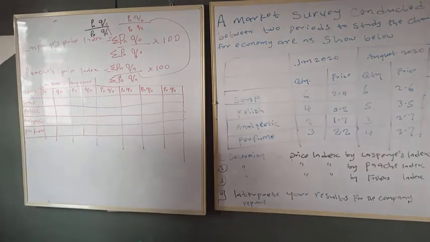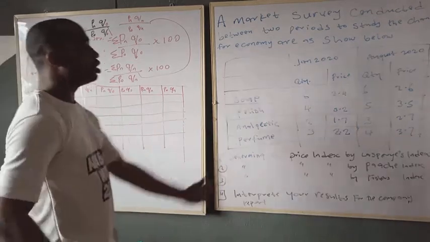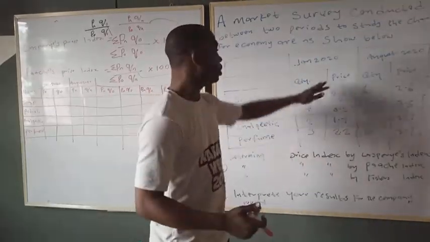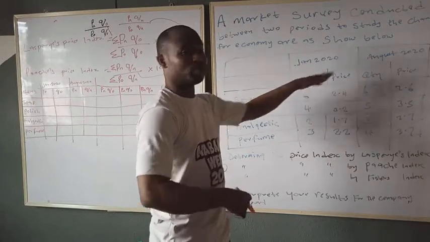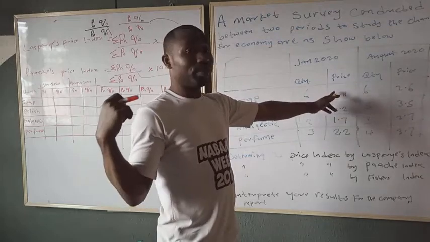So now PO, like I've explained what that PO means, the price of the first year, that is the past year. Or year is month. The January comes before August. So PO, the price of the base month.